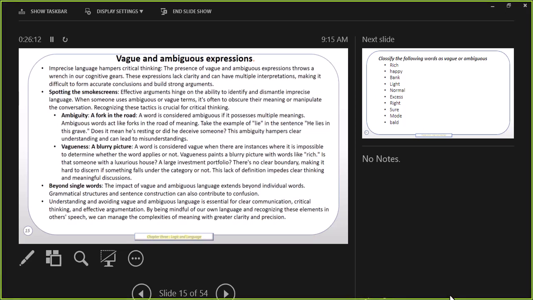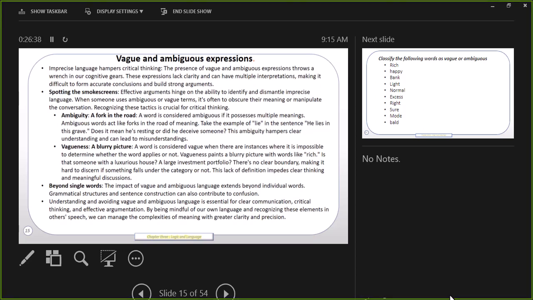When do we call a word vague and when do we call an expression ambiguous? And give an example. Cognitive functions can be hampered, impeded by the existence of vague and ambiguous expressions. Can you give an example?